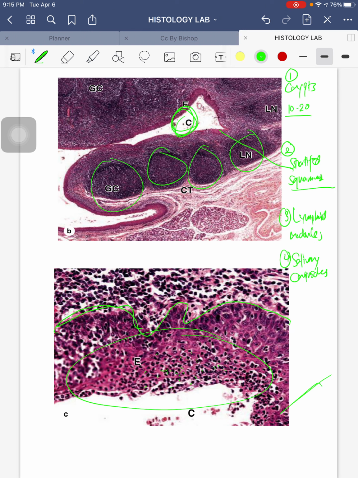So on some occasions it will be difficult to distinguish this if they only show this as a palatine tonsil sample, or this is what you see in the field. So ideally you have to really check the overview. That's the technique here in histo. You see the overview, you have lymph nodes, crypts, and lining epithelium. So if your question is identify the organ, you'll answer palatine tonsils.